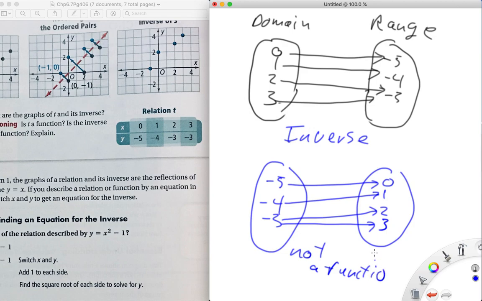And if we were to graph this, we would see basically a vertical line. It would be like negative 3, and this would be negative 3 and 2, negative 3 and 3. And that wouldn't pass the function rule. That wouldn't pass the vertical line test. So this is not a function.